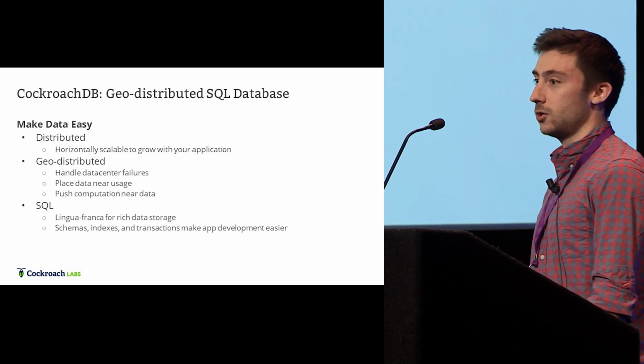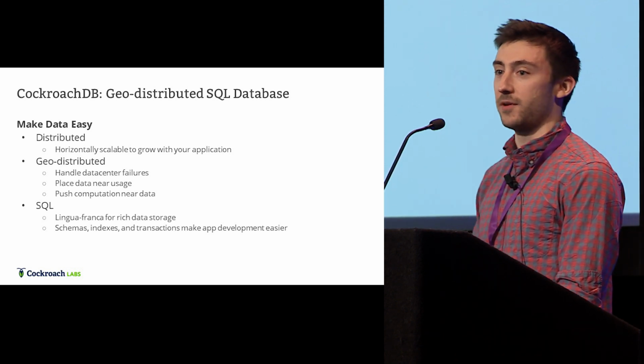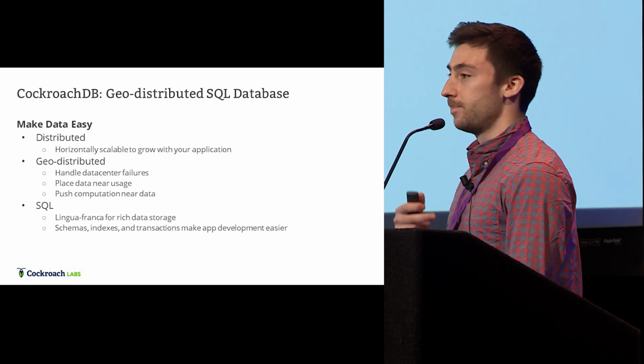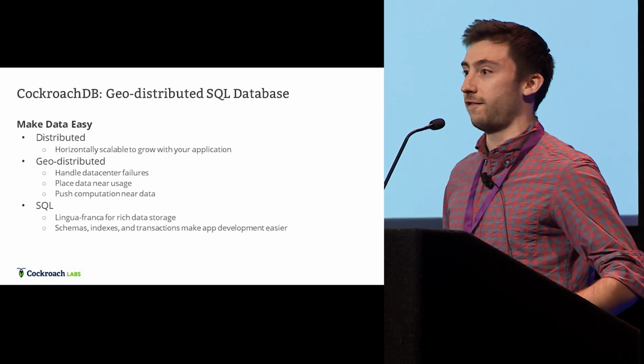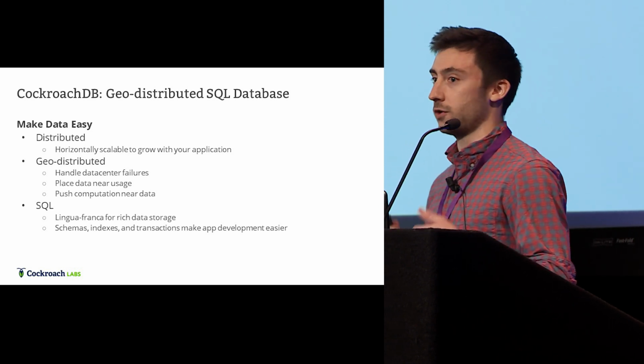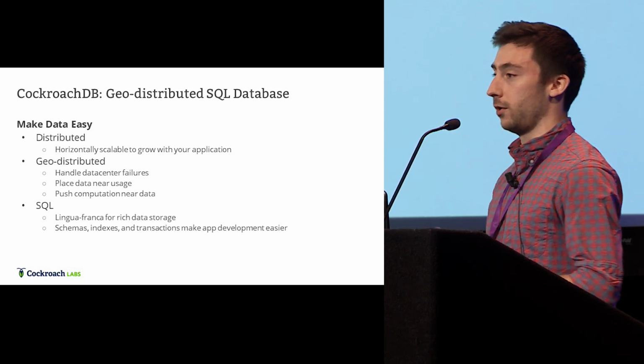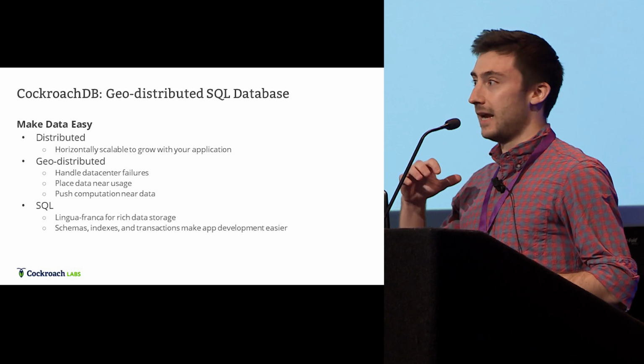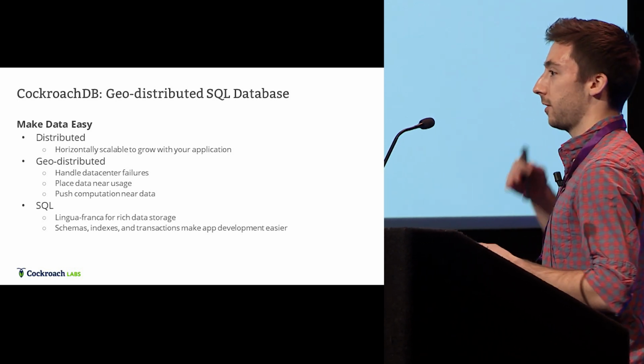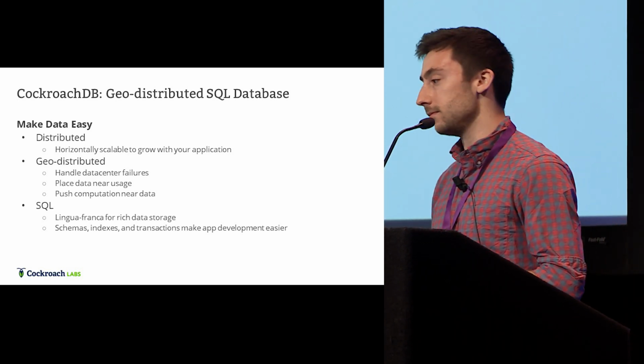Our thesis is that too much burden has been placed on app developers. Traditional SQL databases have failed to scale horizontally or survive failures or be able to replicate kind of across the world. In today's application landscape, these are kind of requirements for developers.